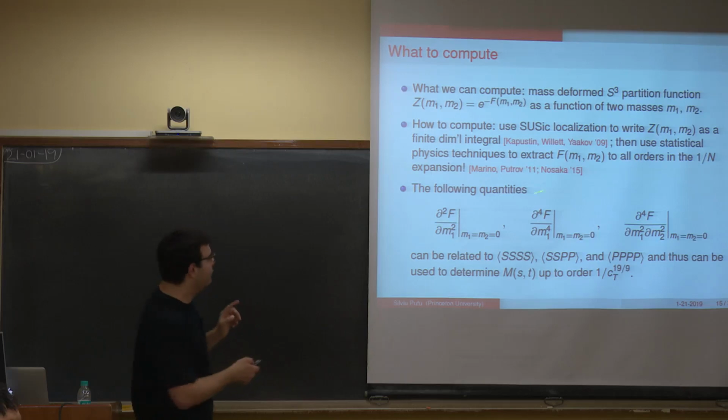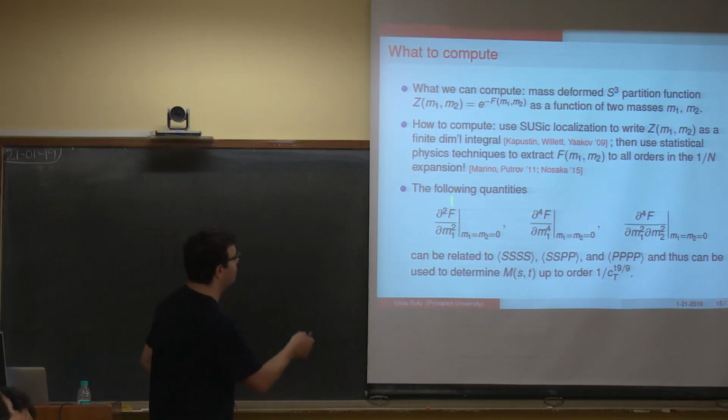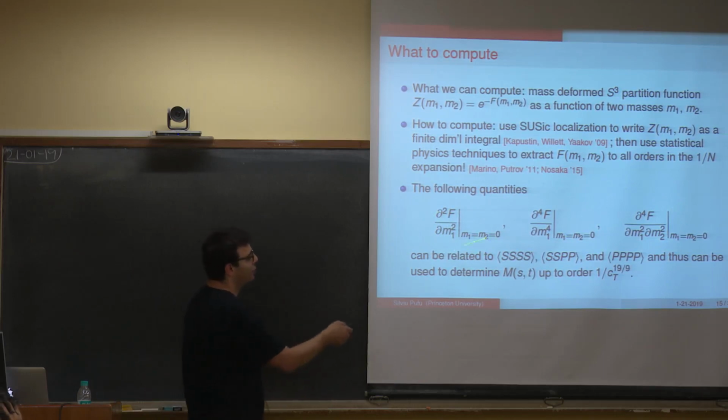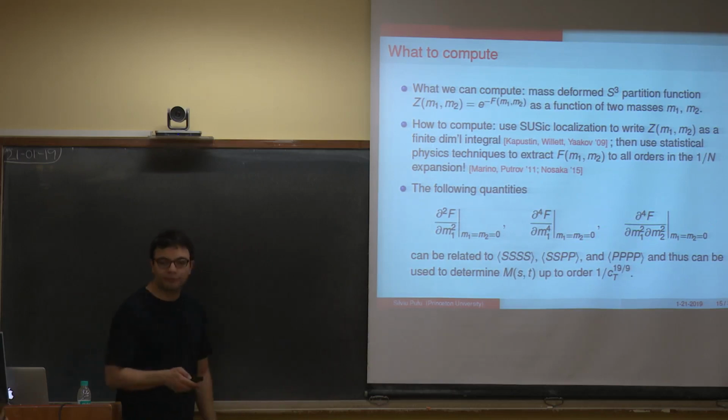As I'll explain, the following quantities can be related to SSSS, SSPP, and PPPP, and they can be used to determine the Mellin amplitudes up to this order. So these are the three CFT quantities that we can compute. One of them is the second derivative of the free energy with respect to one of the masses, evaluated when the masses are 0. And the other two are fourth derivatives, either with respect to one of the mass parameters or a mixed derivative.